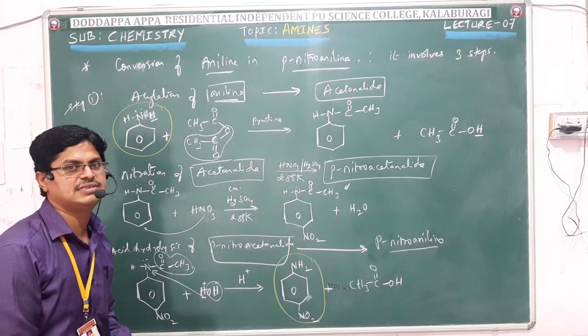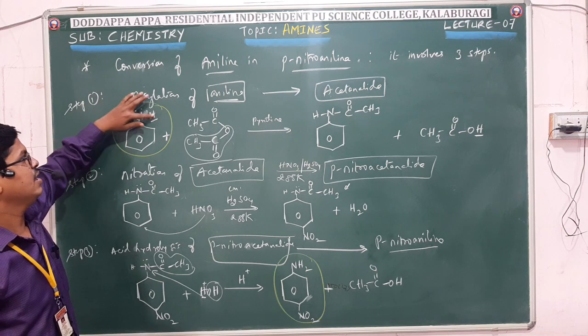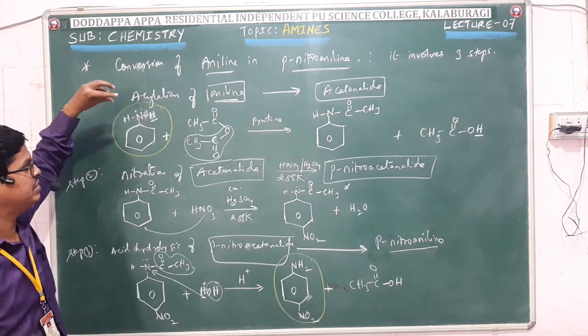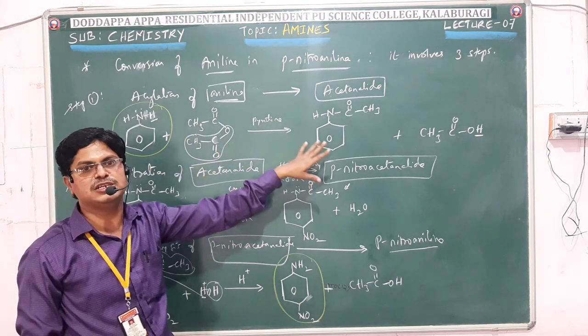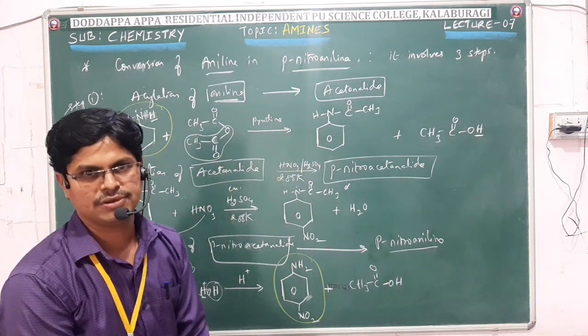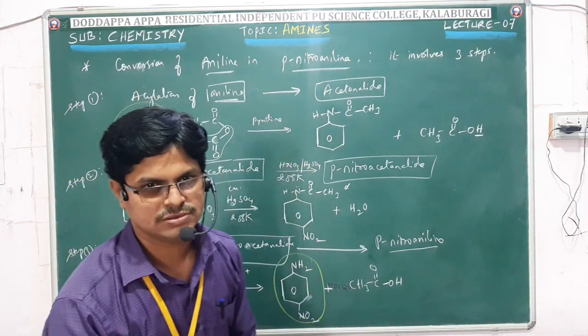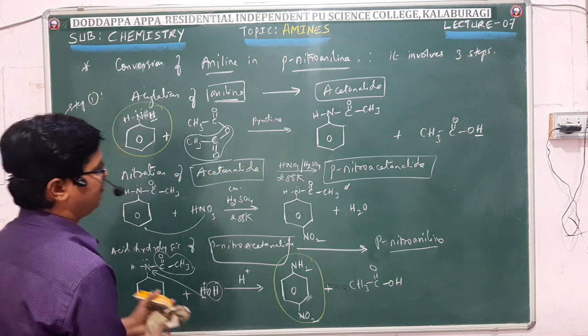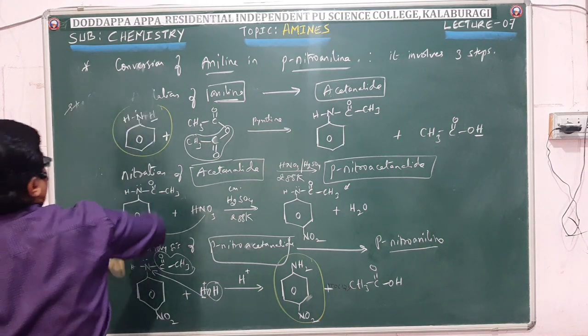Para-nitro aniline, that is by deactivating the activating group, that is the amine group. When you deactivate by the process of acylation, then we can convert into para-nitro aniline. Okay, this is about nitration. So next concept, that is sulfonation of amines.